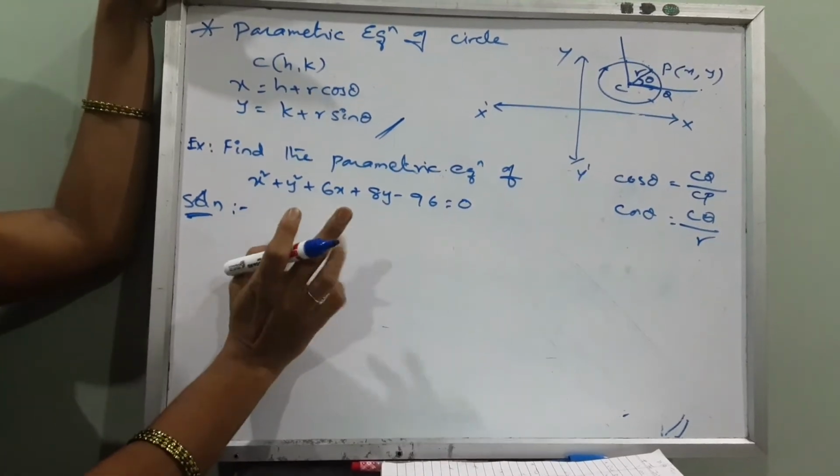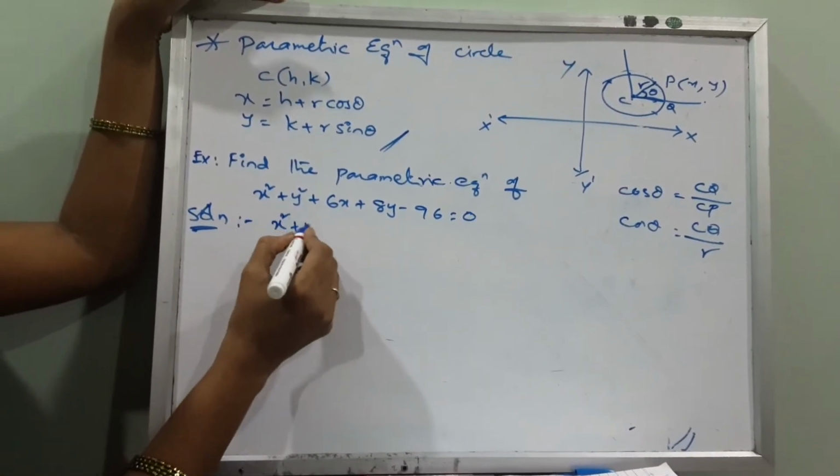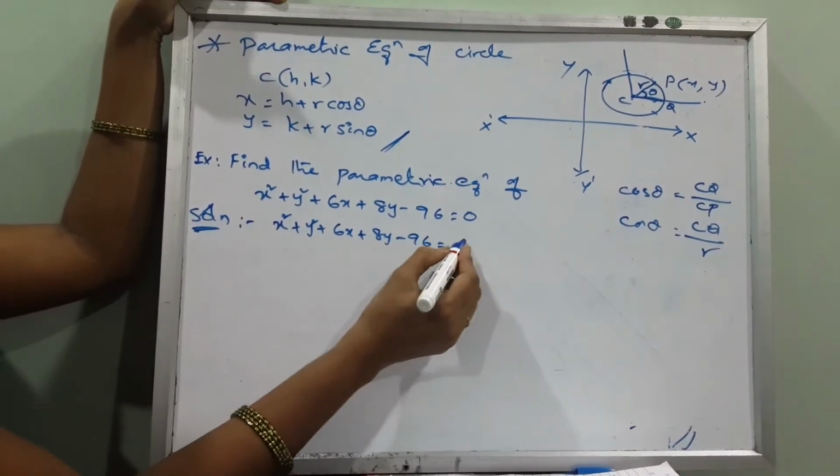First we have to find the center and the radius from this. The given circle equation is x square plus y square plus 6x plus 8y minus 96 is 0.